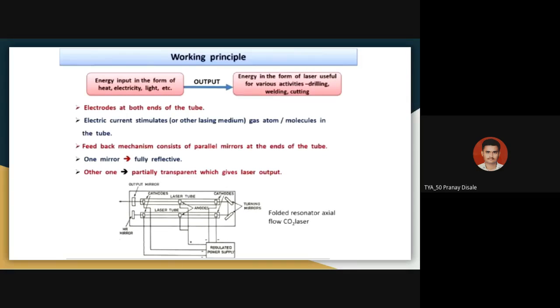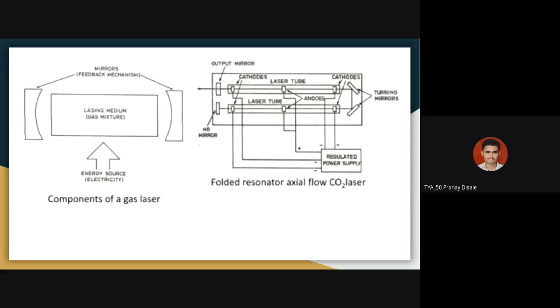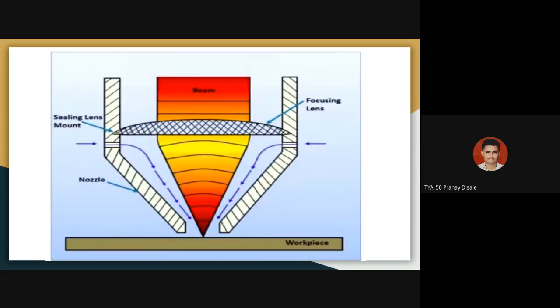You can refer to this diagram, no problem. So energy input in the form of heat energy, electricity or light. Now you may wonder why this is called a thermo-electric or electro-thermal process: because you are using electricity, and the material is removed by melting, heating and vaporization. So energy input in the form of heat, electricity or light is given into your lasing medium as a source of energy to stimulate the atoms to a higher energy level.